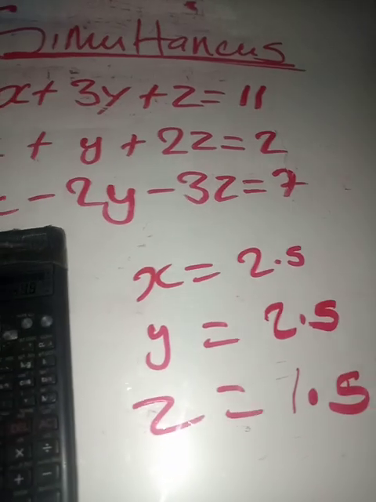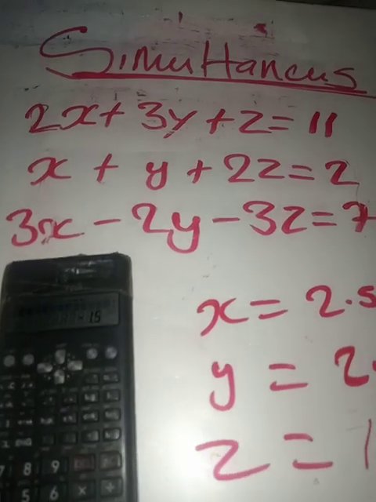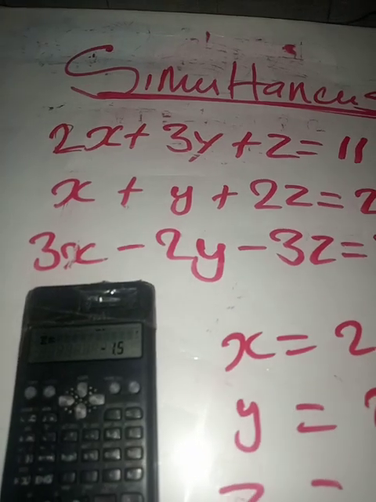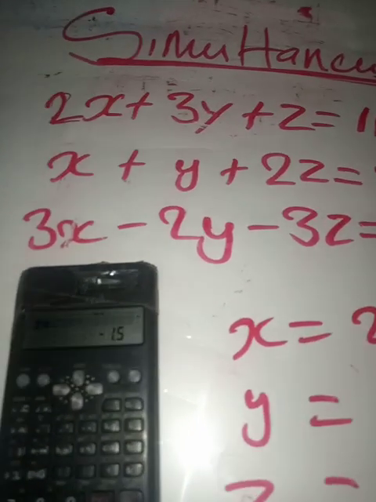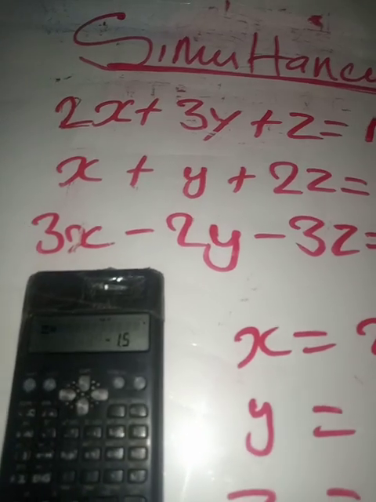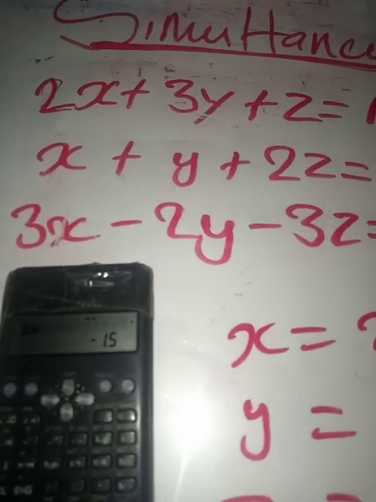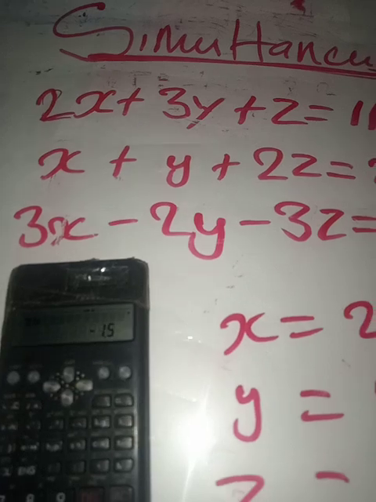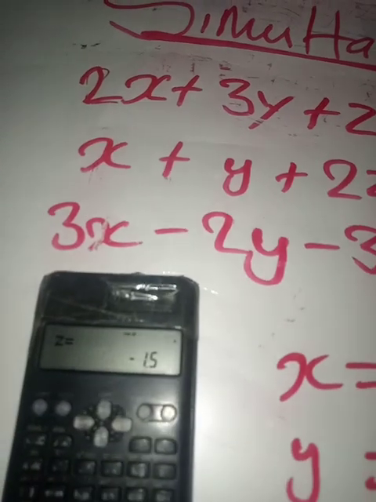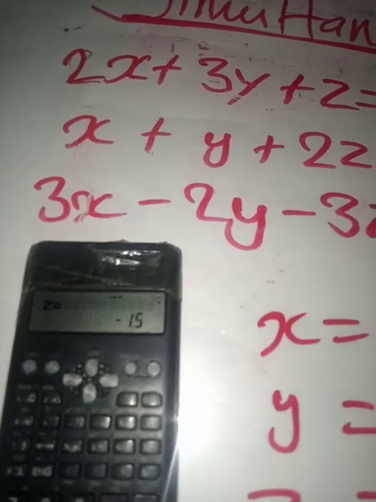This is how you find the solution of a simultaneous equation of 3 unknown variables using the calculator. This can be an advantage for proving and checking whether you are doing the right thing. You can do this on your calculator. You can use any type of calculator of your choice. I don't know the calculator that you're having, but you know the procedures.